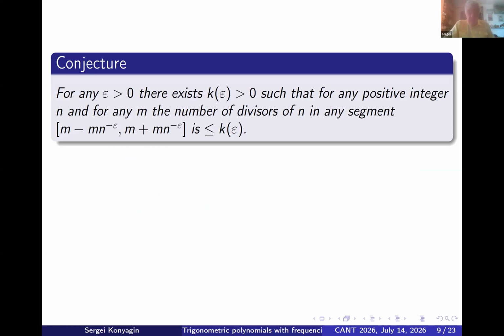There is the following hypothesis about the divisors: for any epsilon greater than 0, there exists some number k depending on epsilon such that the number of divisors of a number n in this segment is at most k.